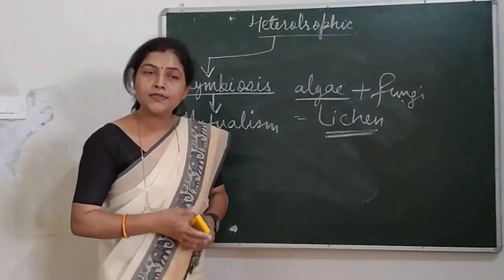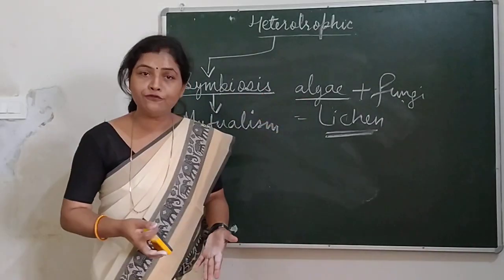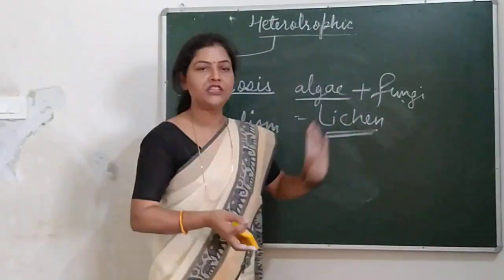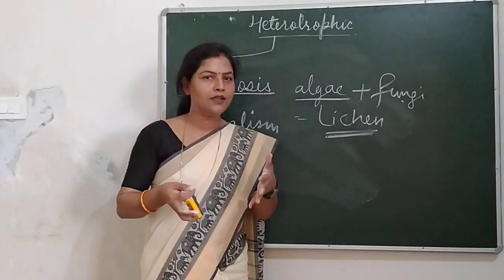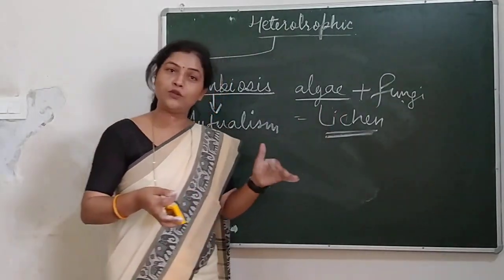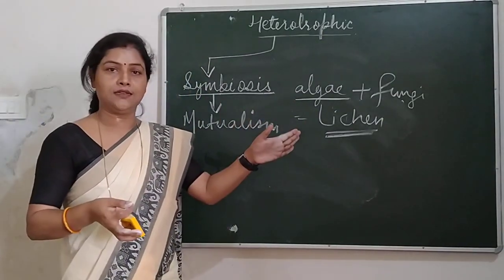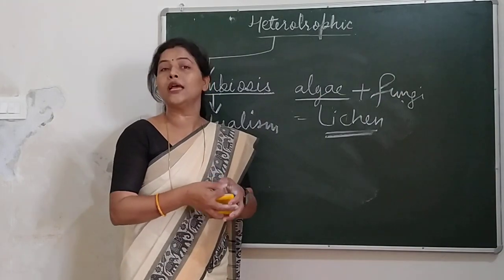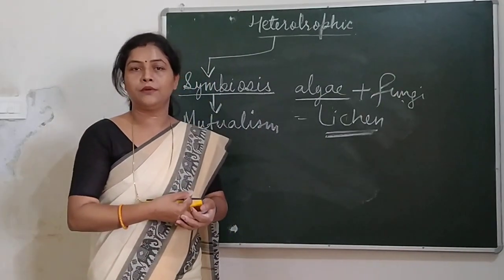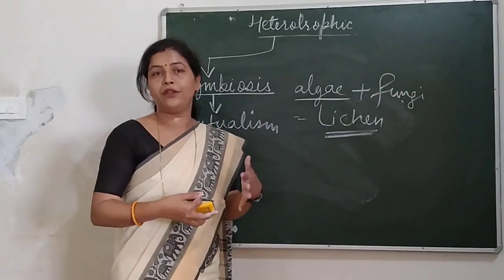Then algae prepare the food and supply food to fungi. So are they both beneficial to each other or not? Yes, they both are beneficial to each other. And this kind of relation is known as symbiotic relation.